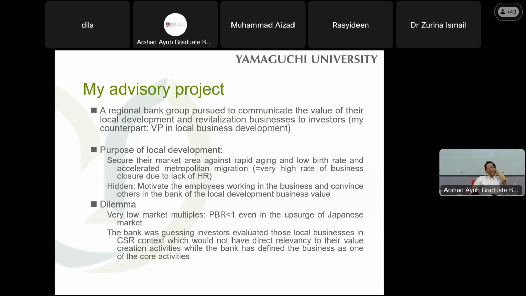Why? The bank decided to do local development. It may seem curious for those who have a solid image of banking. It may be relevant for the company to help and facilitate the local government or local economy as a whole. Why?